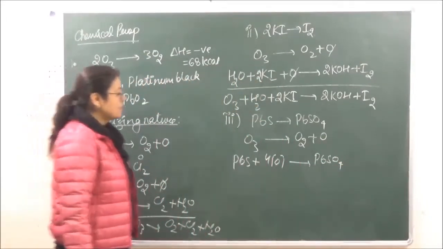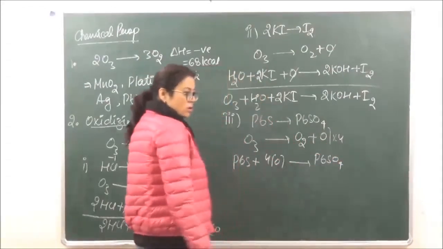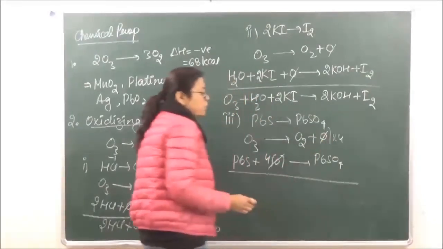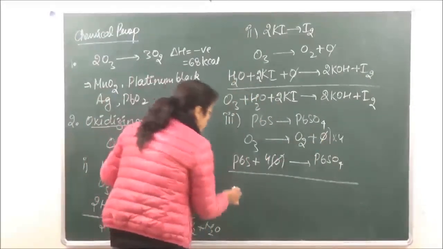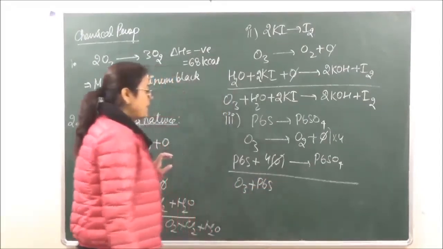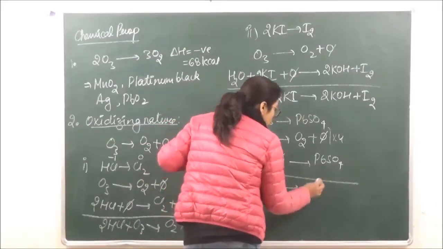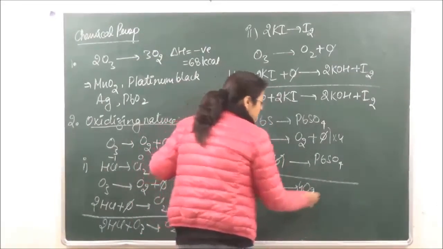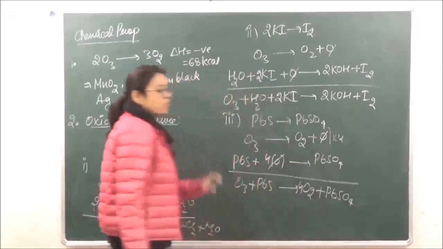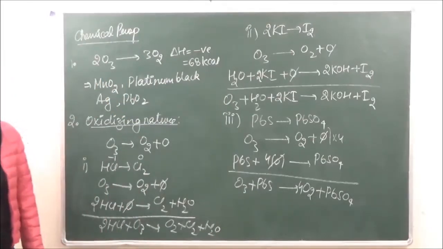In order to balance the equation, you need to multiply this equation by 4. Again this and this are cancelled. So we have ozone plus PbS to give oxygen, 4O2, plus PbSO4. So these are a few oxidizing reactions.